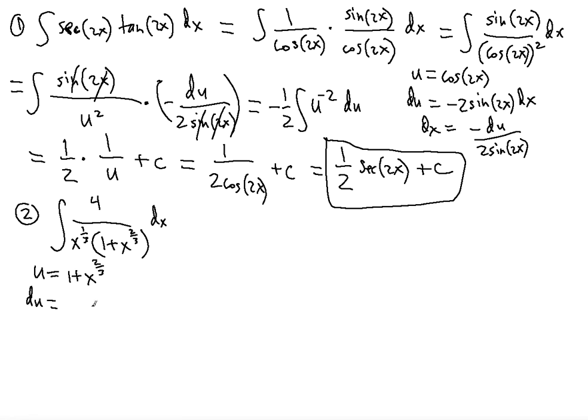The du is going to be equal to 3, right? Using the power rule of the derivative, x to the power of negative 2 over 3 dx. So the dx will be, in terms of du, 3/2 x to the power of 2 over 3, because we're going to multiply it to the du.